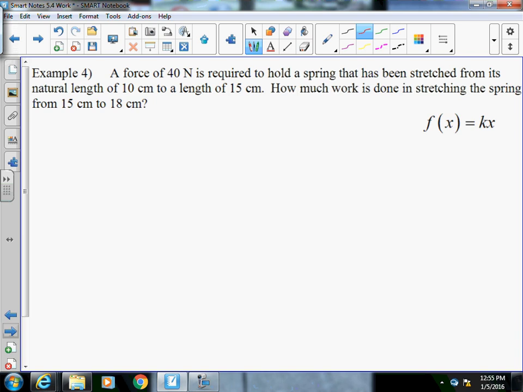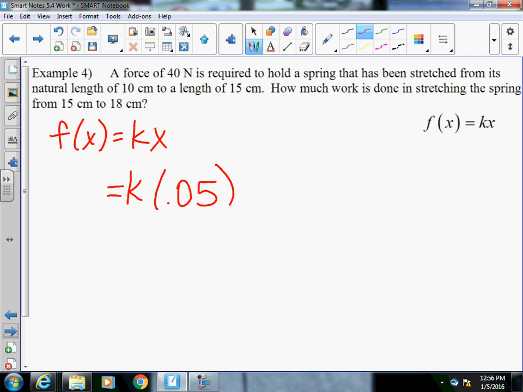So the force of 40 newtons is required to hold a spring that has been stretched from its natural length of 10 to a length of 15. How much work is done in stretching the spring from 15 to 18? Well, good news is we need to consider the length x, and if it was stretched from 10 to 15, that is going to be 0.05 meters.